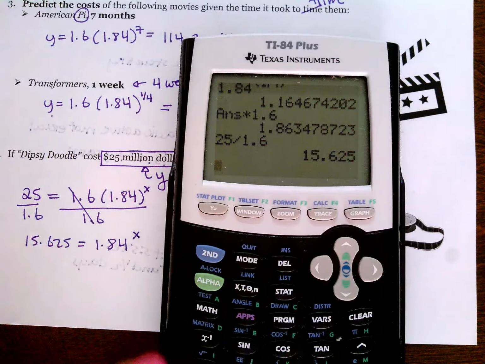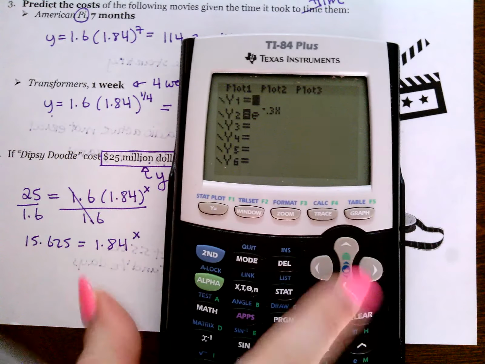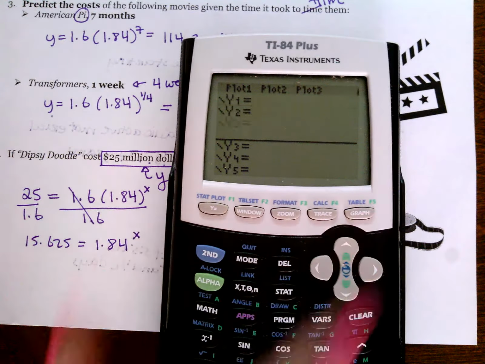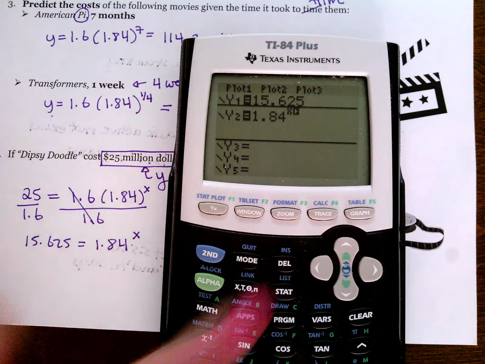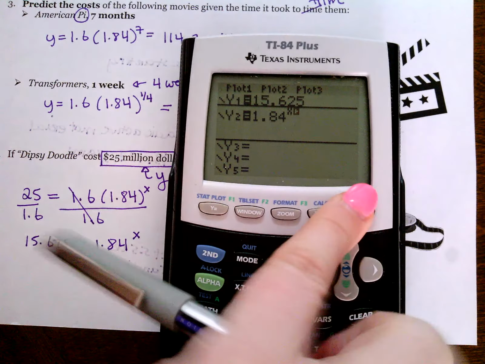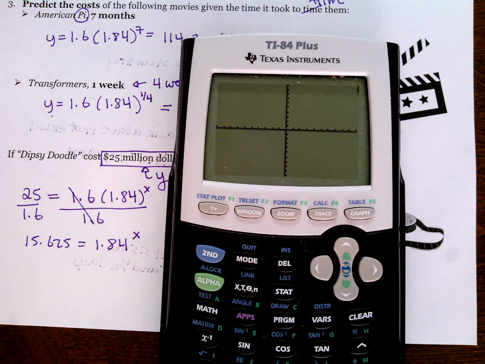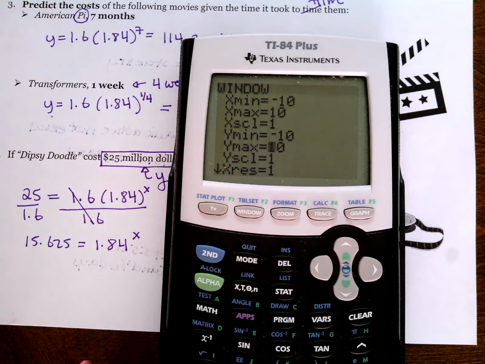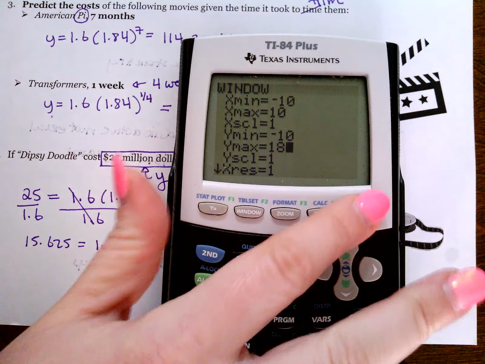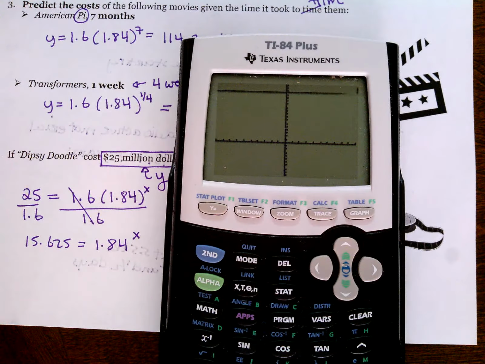There we go, now I can see it. Awesome, so second, trace, intersect. Let's move it over to there. Let's see the Y's. So about 4.5. We defined it in terms of months, so 4.5 months.